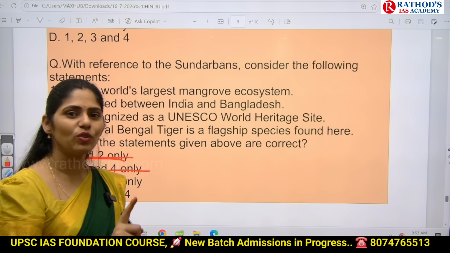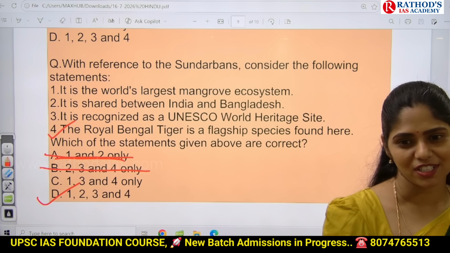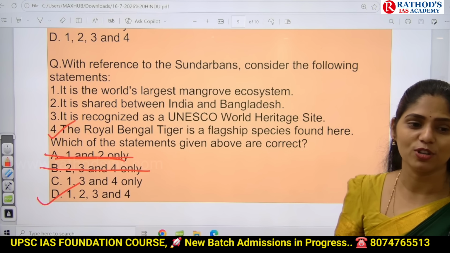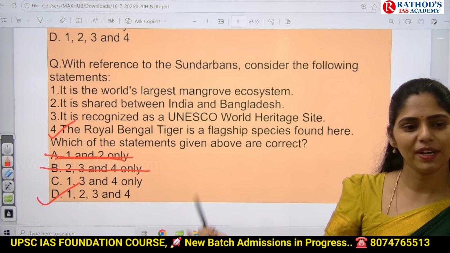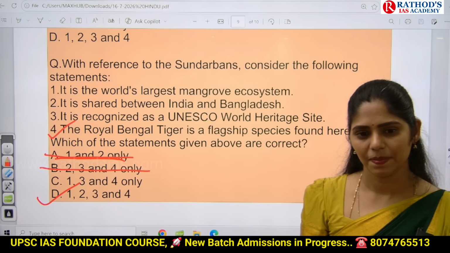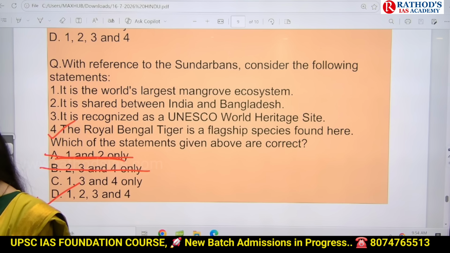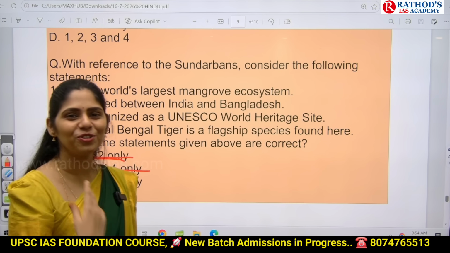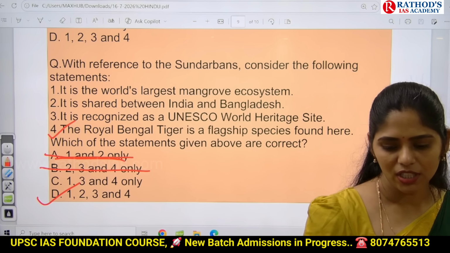Because if you make one question wrong, how many marks will you lose? 2.06, so 2.6 marks you will be losing. If you make that correct, you will be getting 2 marks. Don't make that kind of mistake. Don't think that way. Okay, that's all guys.